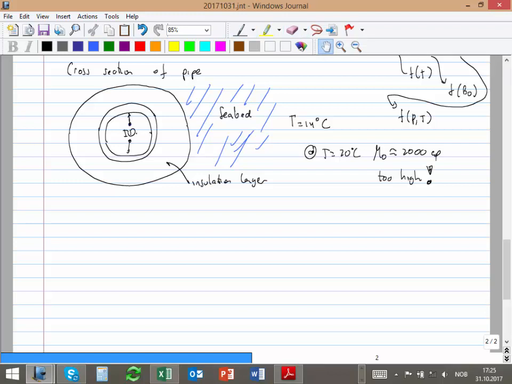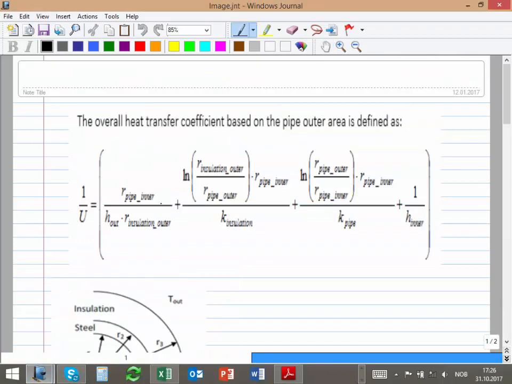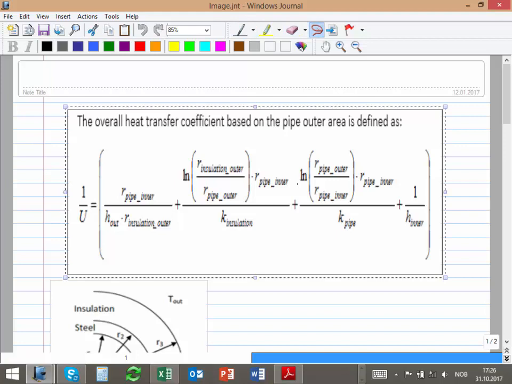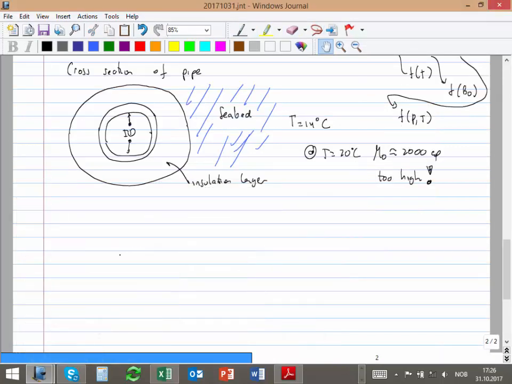You define an overall heat transfer coefficient, a coefficient that will take into account convection of the fluid inside, then conduction in the metal wall, then conduction in the insulation, and then it might be forced convection if you have some marine current flowing on top of the pipe, or just free convection if the water is still. I'm not going to go into that, but the expression looks something like that.